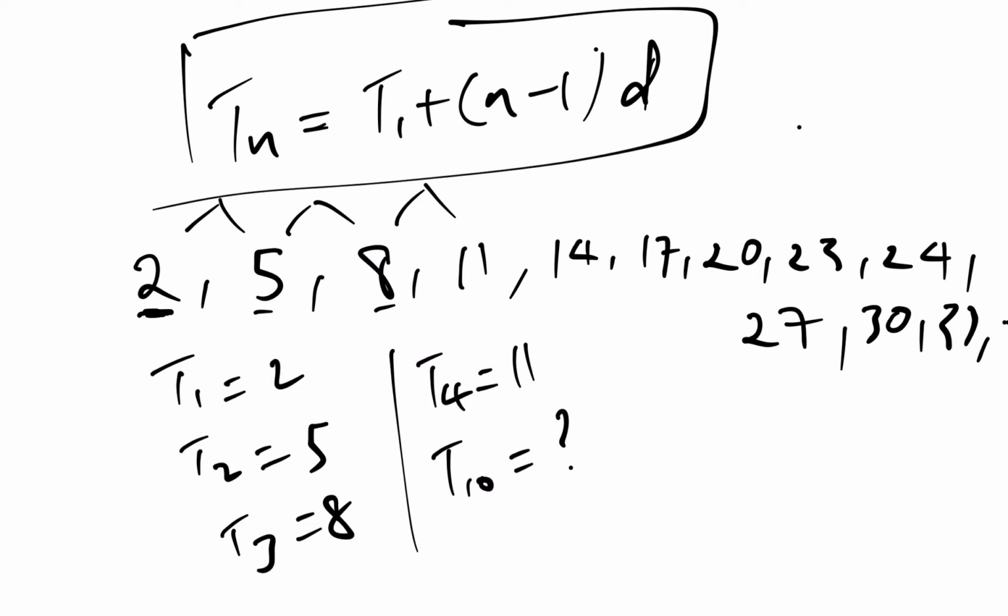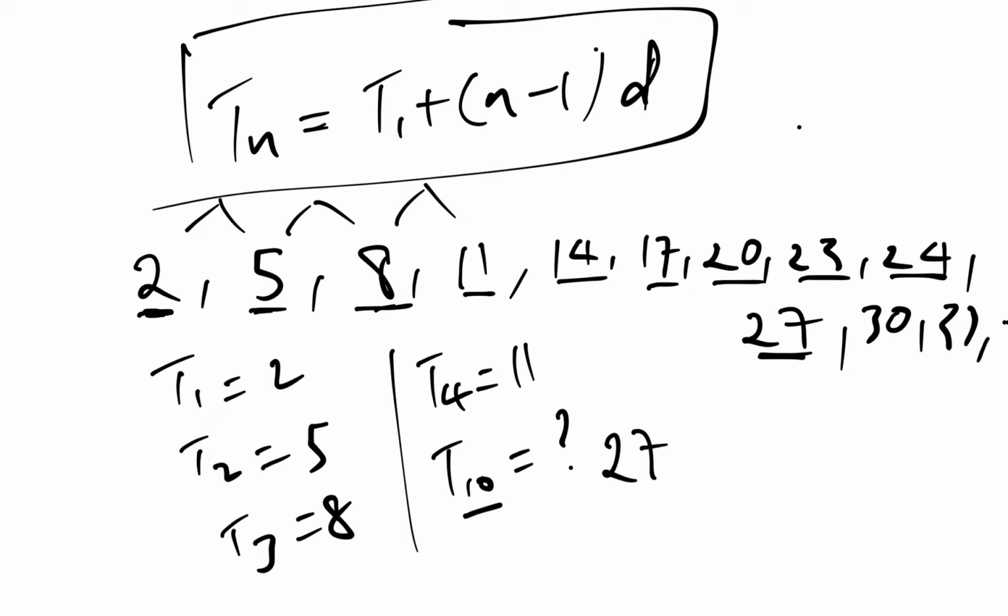So we say this is the first term: 1, 2, 3, 4, 5, 6, 7, 8, 9, 10. So it means the 10th term is 27. So that's one way to find the 10th term of our sequence.